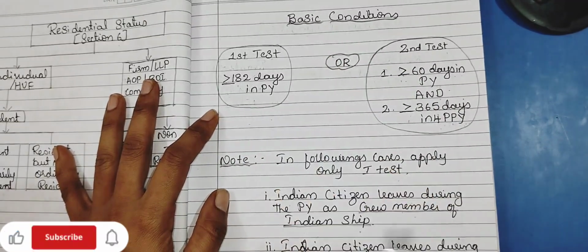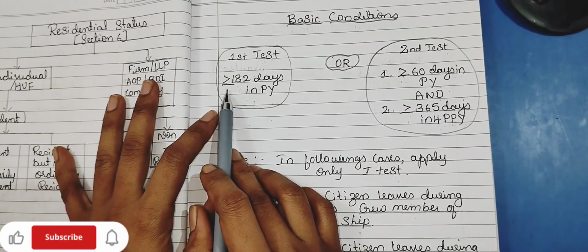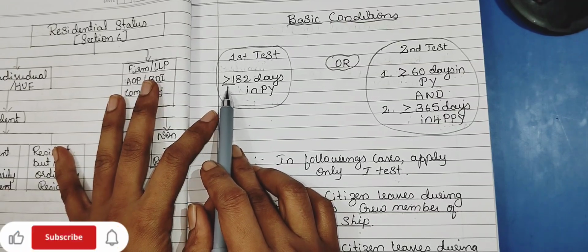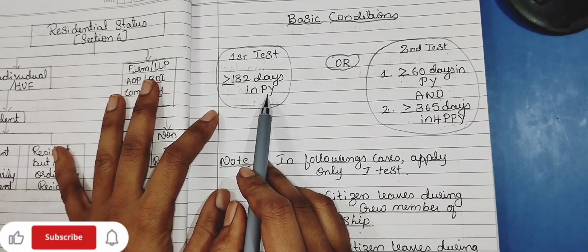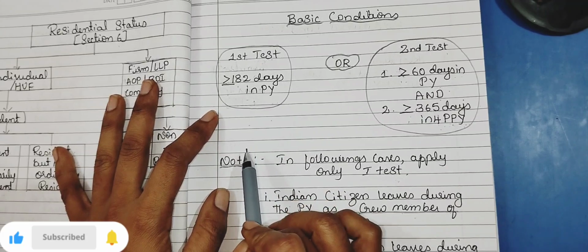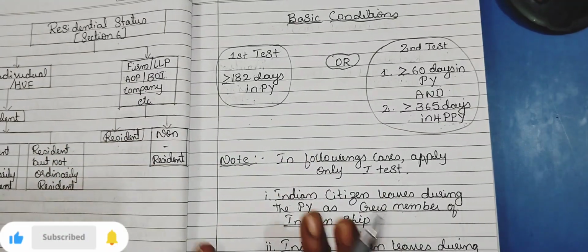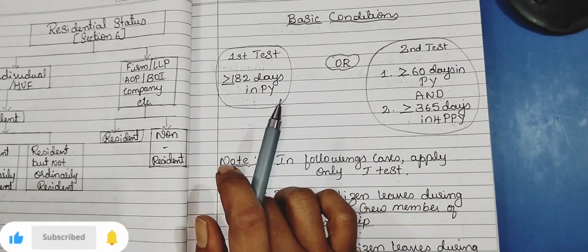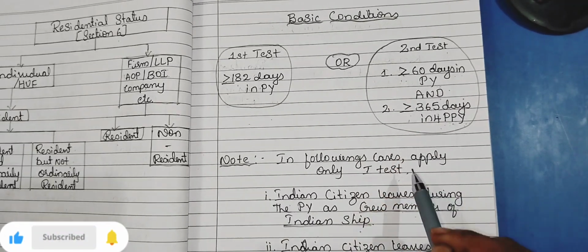Okay, what is the first test? He should stay in India for more than or equal to 182 days in the previous year. How many days should he stay? 182 days. If he passes this test, okay, then we'll directly go to the additional conditions. If he has not passed the first test, then we will go to the second test. What is the second test?